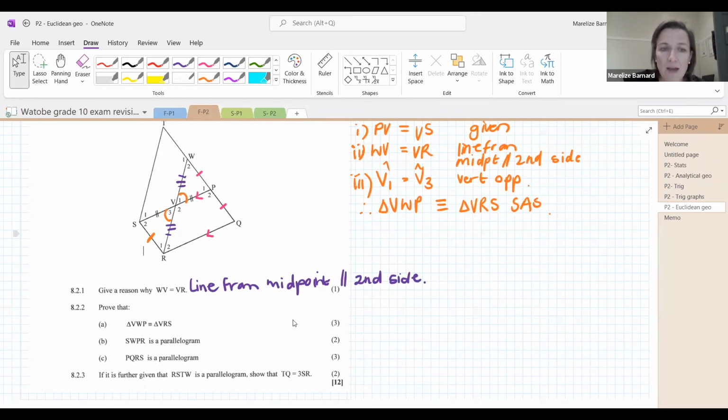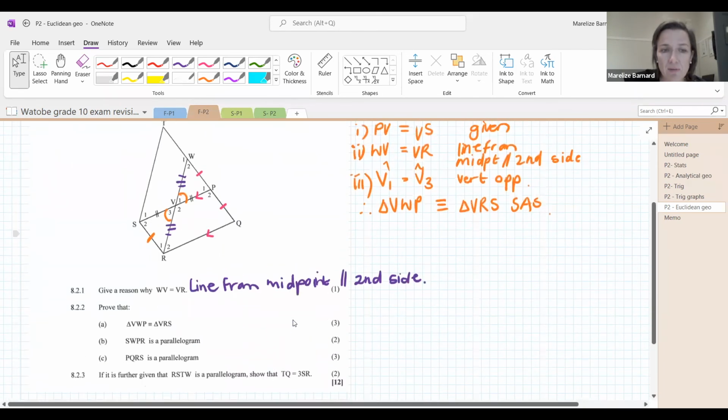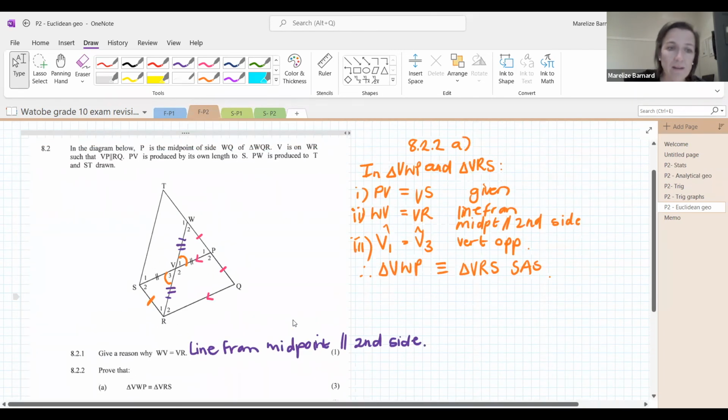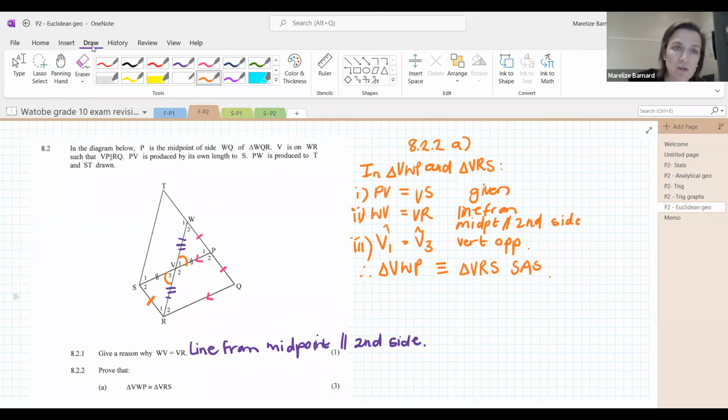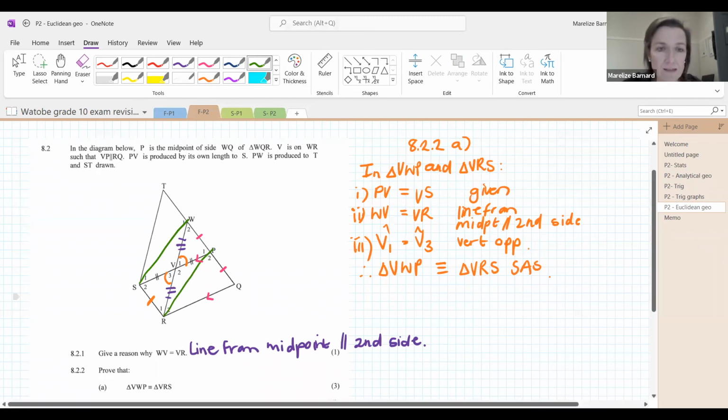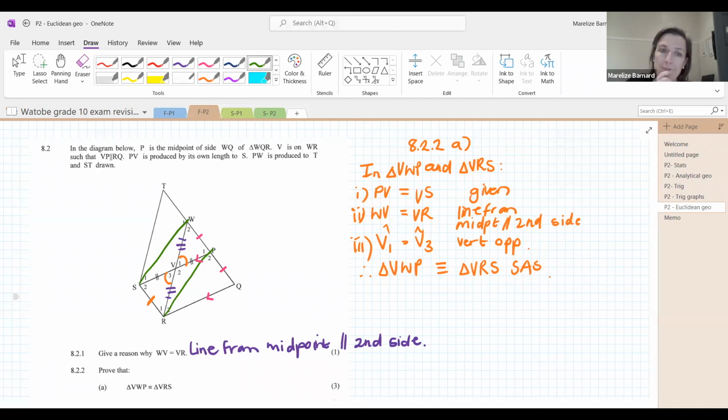Then for 2 marks, we have to prove SWPR is a parallelogram. So you actually have to draw it in a bit. They want to know if that is a parallelogram.